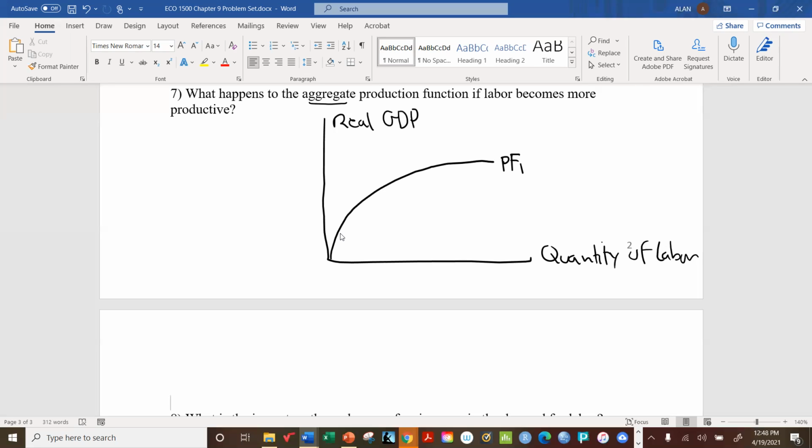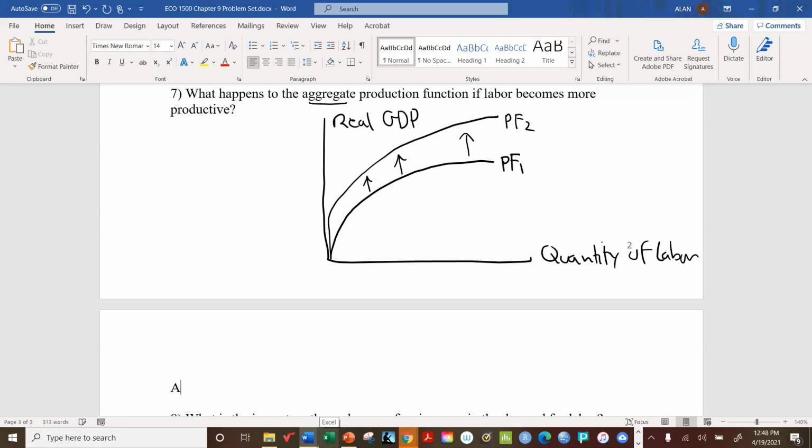And what happens if we have more productive labor, like everybody has more training or knowledge or experience or education, then the entire curve shifts up. And it should have more or less the same shape, unless something else is going on. Pretty much, this is what you would expect to see when labor becomes more productive. We can have more output for every quantity of labor.